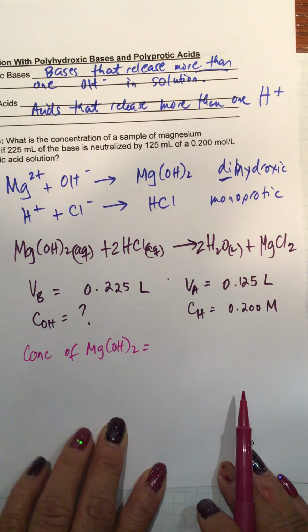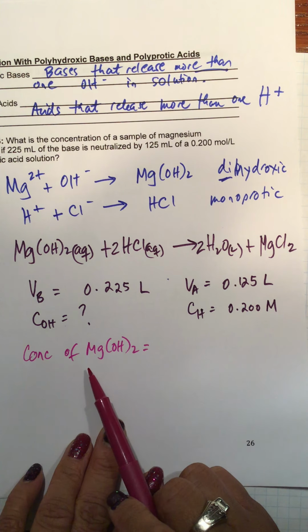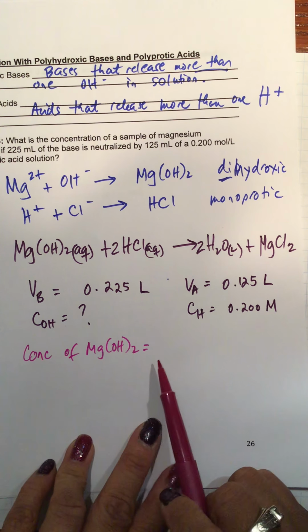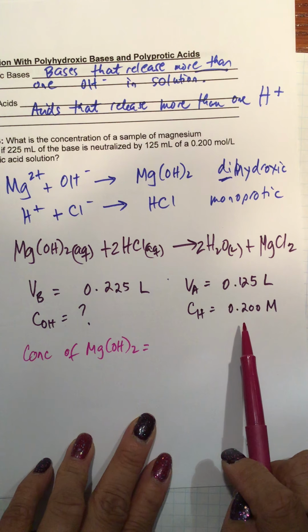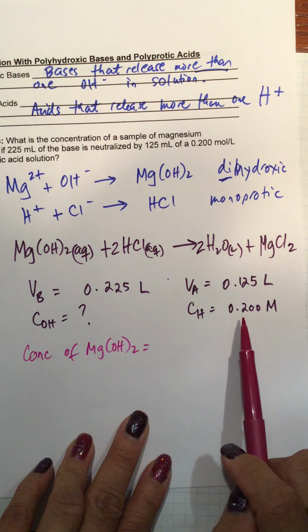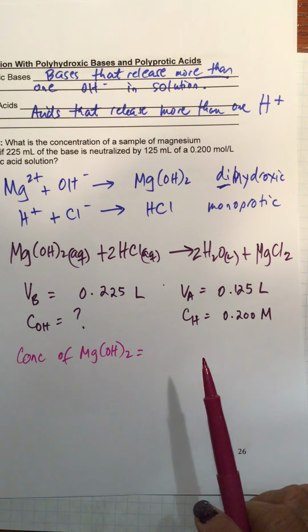What's given here is the concentration of the base is equal to the concentration of the acid. What do we have as the concentration of the hydroxide here?